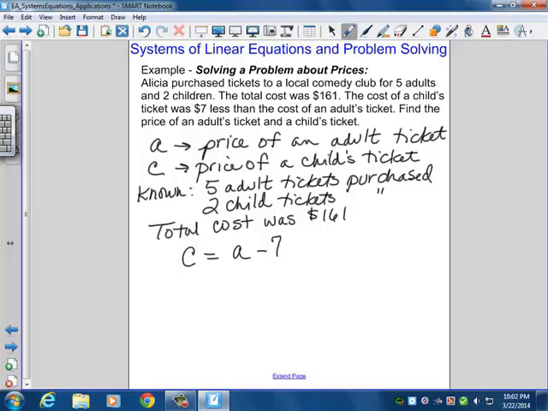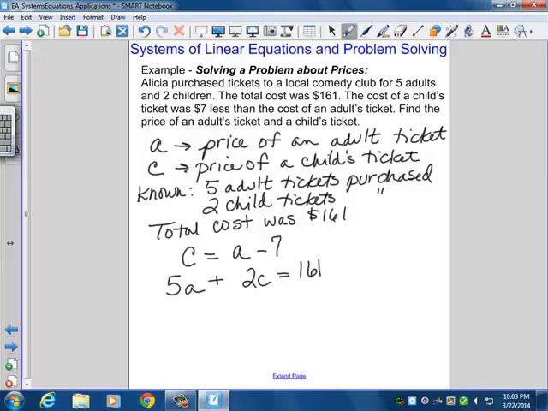To get the cost of the children's tickets, there were 2 purchased, and we multiply those by the price of a child's ticket, our variable C. The cost of the adults' tickets was 5A, the cost of the children's tickets was 2C, and the total cost, the sum of those two, is equal to 161. So, 2 equations, 2 unknowns.